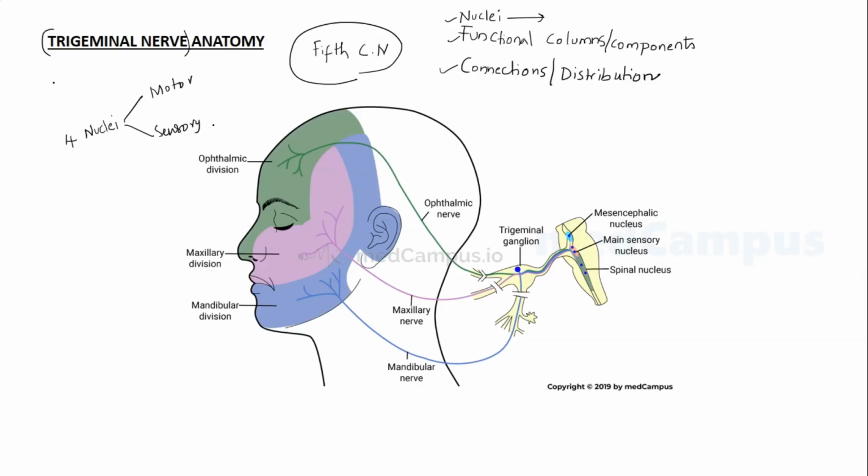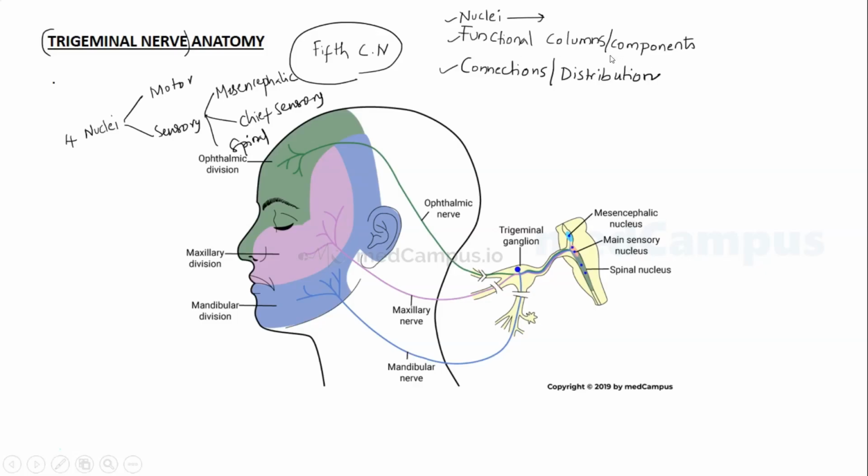We all know that trigeminal nerve is a mixed nerve. So sensory is divided into 3 entities. One is mesencephalic nuclei. Next is chief sensory nuclei, and we also have spinal nuclei. So when they're asking to describe nuclei, you have to describe the location of these nuclei and what are the connections or outputs they're giving out.